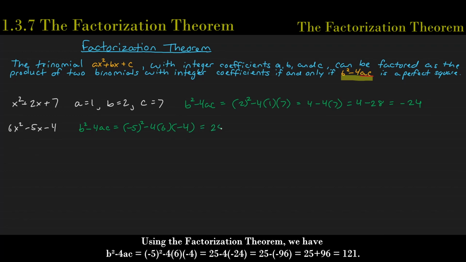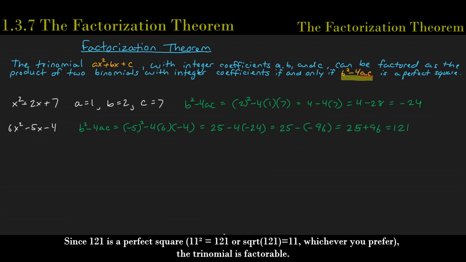This equals 25 minus 4 times negative 24 equals 25 minus negative 96, which equals 25 plus 96, which equals 121. Since 121 is a perfect square, 11 squared equals 121, or square root of 121 equals 11, whichever you'd prefer, the trinomial is factorable.